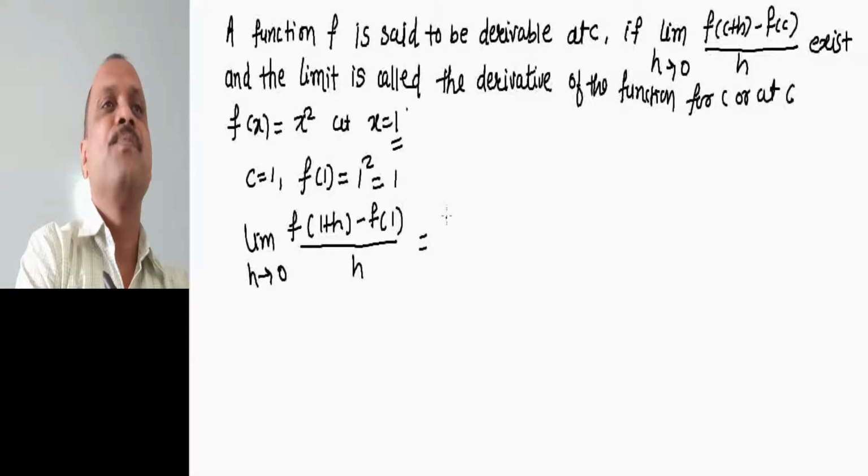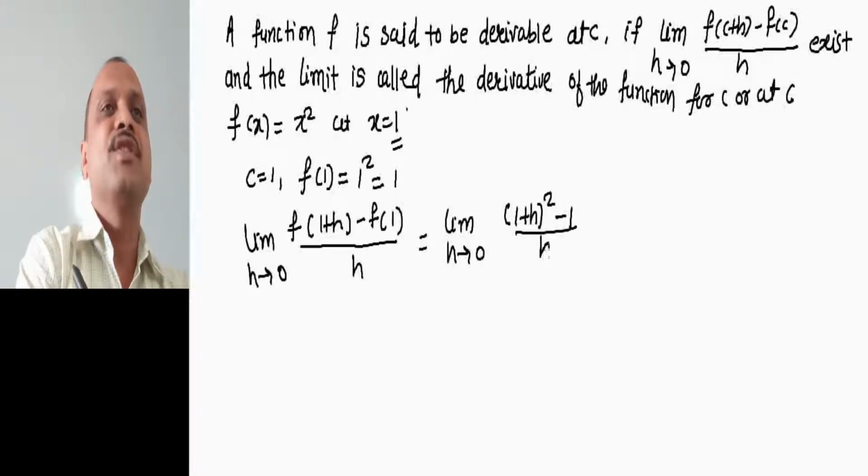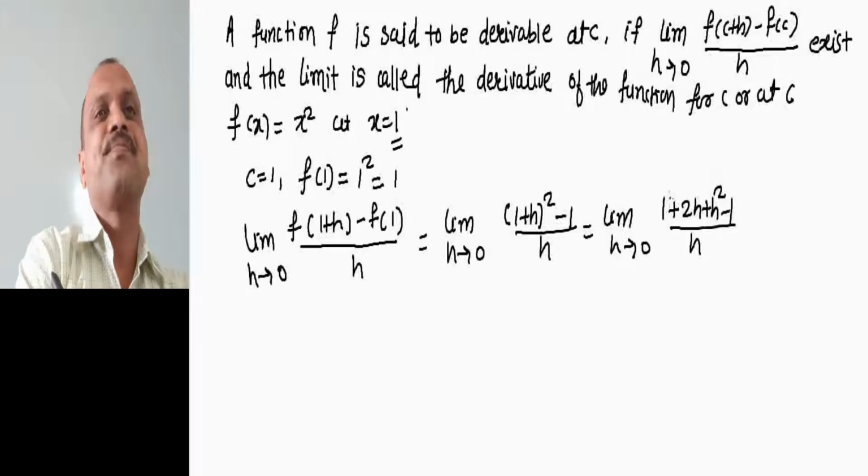This is equal to the limit as h tends to 0 of f of c plus h. What is f of x? f of x equals x square. So here we need to put x equal to 1 plus h. Here, 1 plus h whole square minus 1 divided by h, equal to the limit as h tends to 0 of 1 plus 2h plus h square minus 1 divided by h.